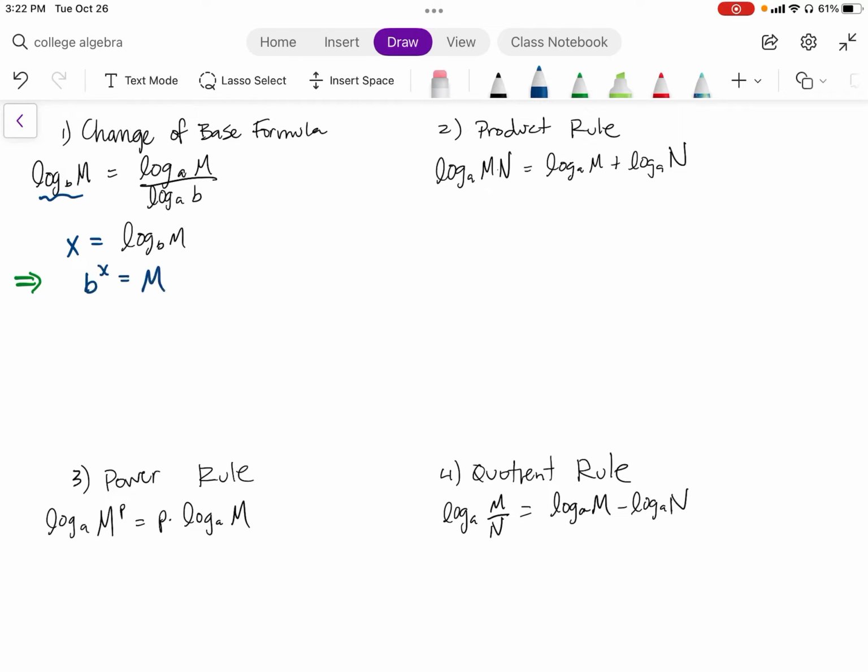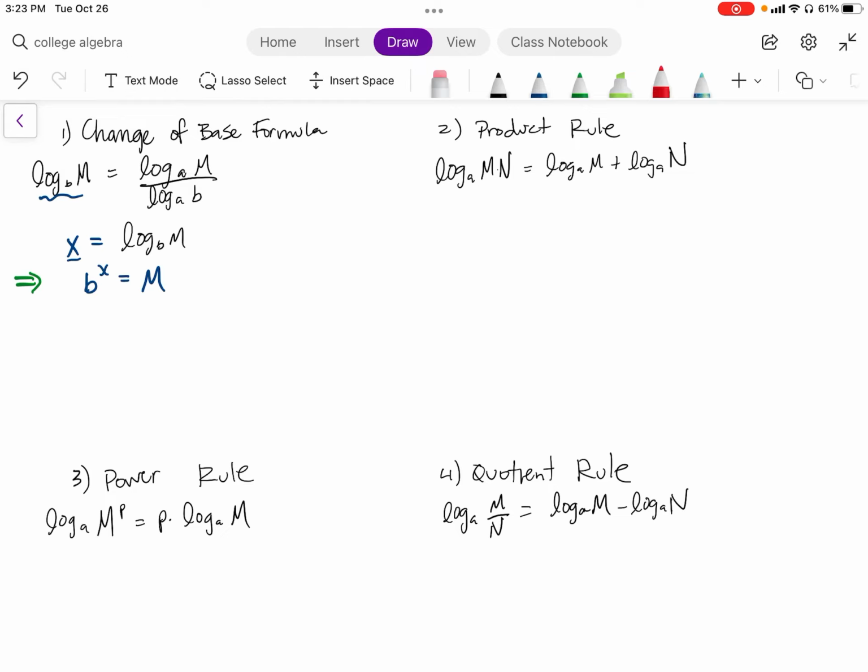Now that is simply the definition of a logarithm. A logarithm by definition is the base raised to some power, which is the other side of the equals, what you're taking logarithm of, the variable m in this case.